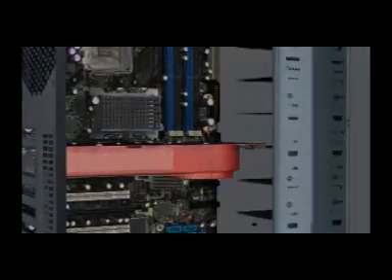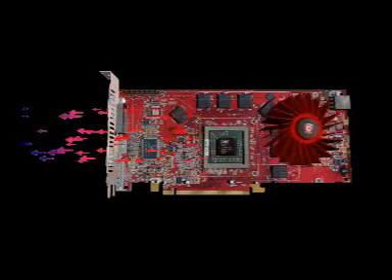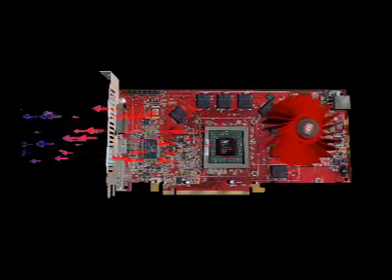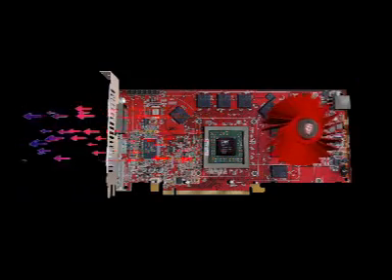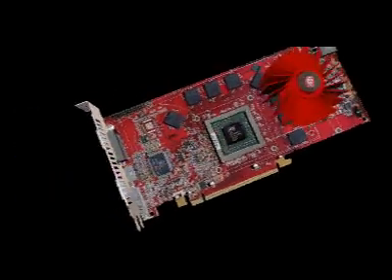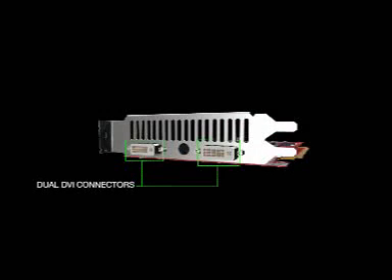Moreover, the card uses a dual-slot design with a proprietary fan shroud and cooler to efficiently move warm air from the chassis, exhausting it out the card's backplane vent. On the backplane, you'll find 2 dual-link DVI connectors, each capable of outputting display resolutions up to 2560 by 1600, and a video input and output jack.